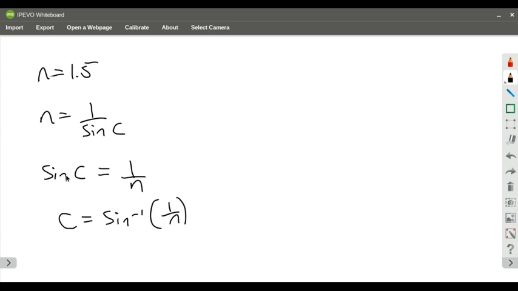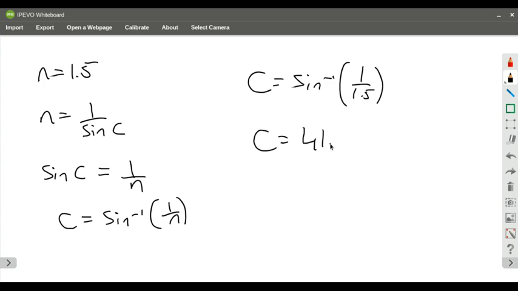I do sine inverse over here, and it gets rid of the sine. Then I do sine inverse of the right-hand side as well. So it's sine inverse of 1 over 1.5. On my calculator, I do second function sine, that's how I get sine inverse, then 1 over 1.5, close the brackets, and I get an answer of 41.81 degrees.